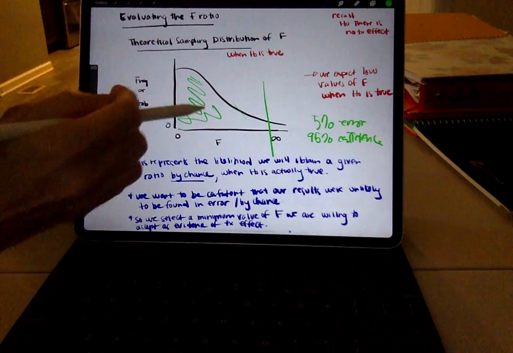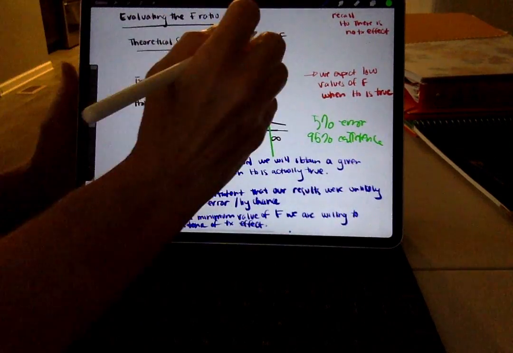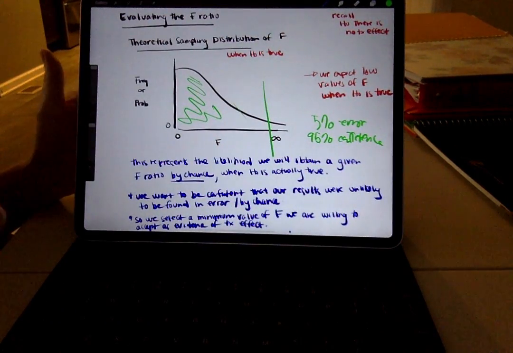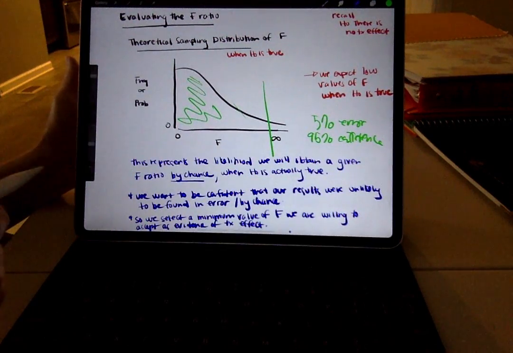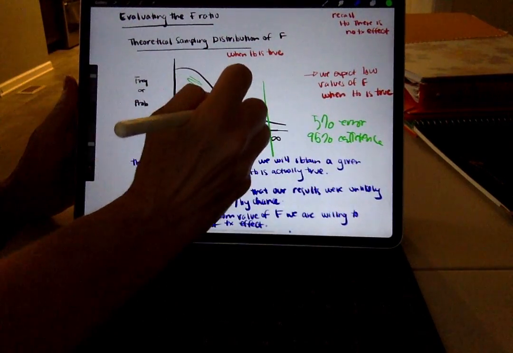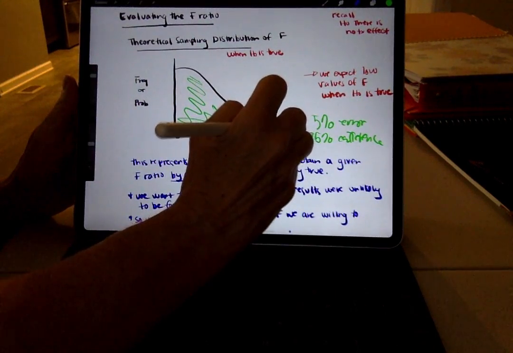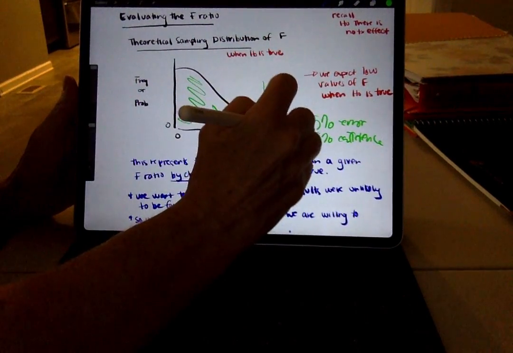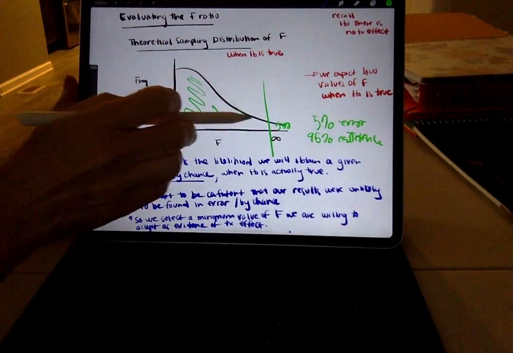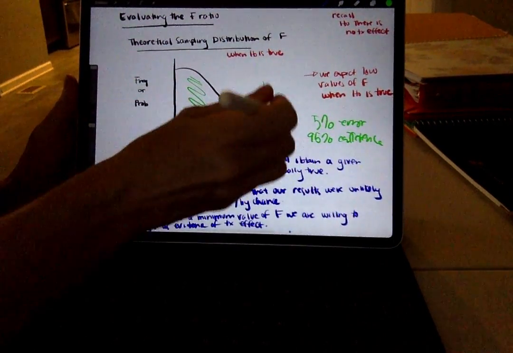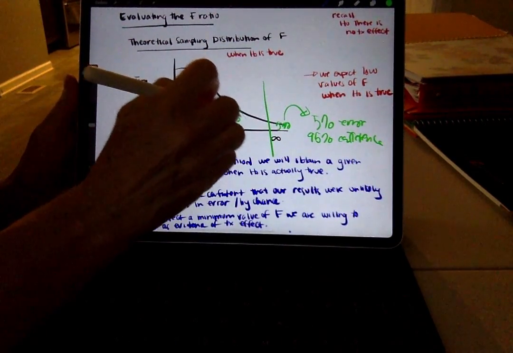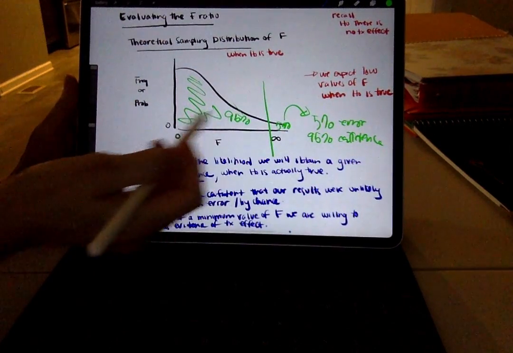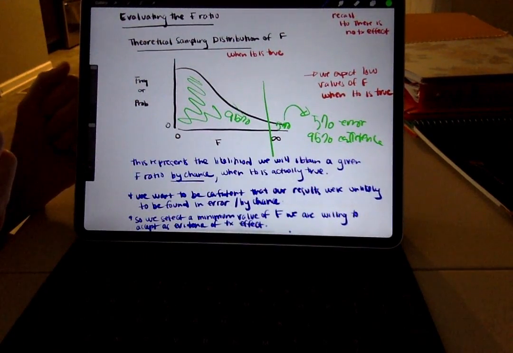We don't just randomly choose this cutoff. It is chosen as the point where only 5% of the values of F are above the cutoff, because of our 5% chance of error, and 95% of the values of F are on the other side of the cutoff.